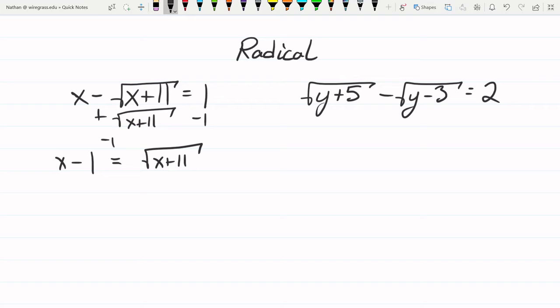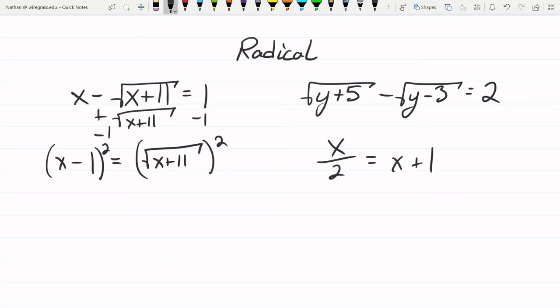Now I can get rid of the radical. I can do that by squaring. Now, what's important to note here is that you square everything on both sides of the equation. If you had something like x over 2 equals x plus 1, you could here multiply everything by 2, and that will work out perfectly fine.